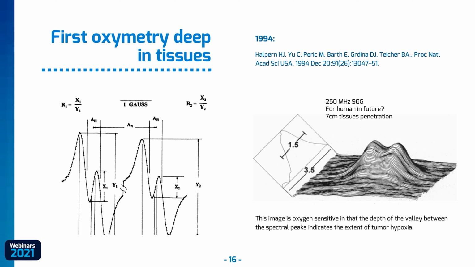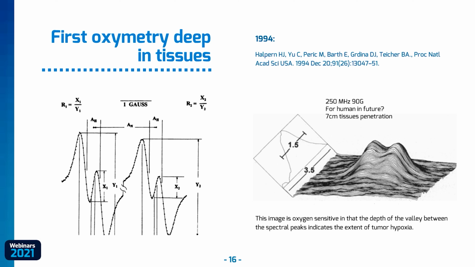In 1994, Halpern's group presented the measurement of oxygen concentration in the body water of murine FSA and NFSA fibrosarcomas using a new method for quantitative oxygen concentration determination deep in the tissue of the living animal.